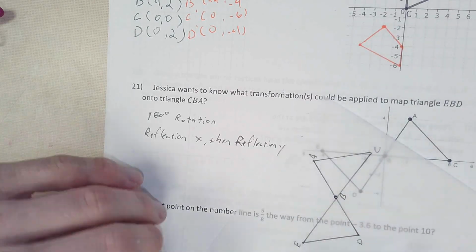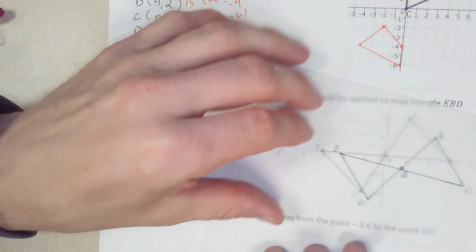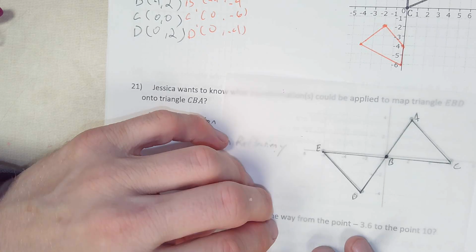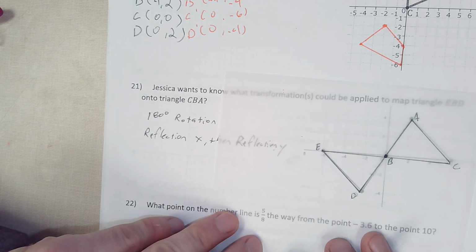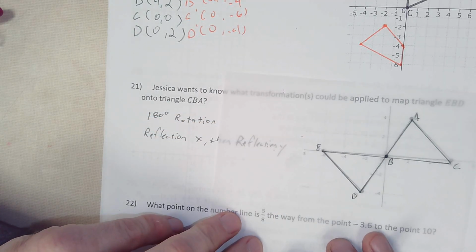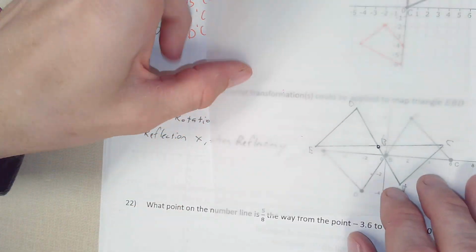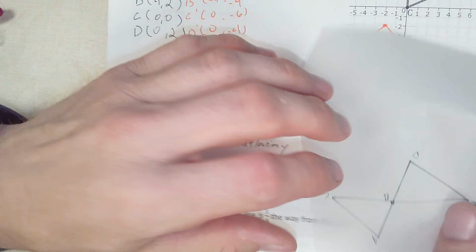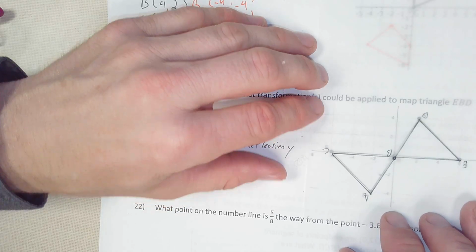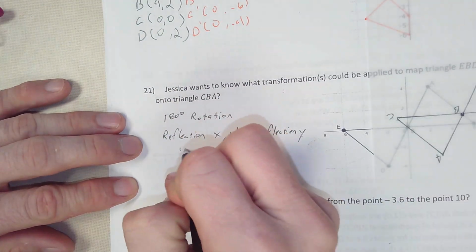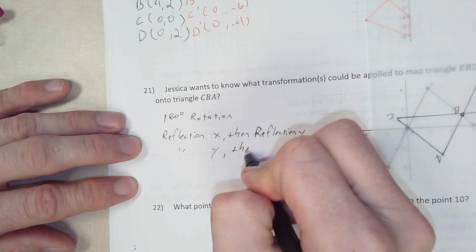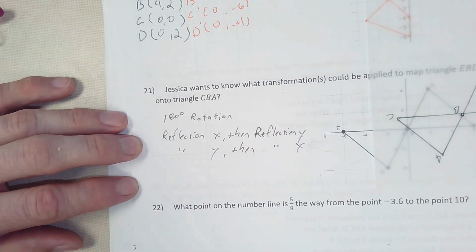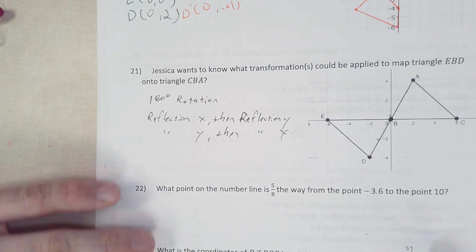Conversely, that was an x then a y, but if we did a y then an x, we would end up in the same spot as well: reflection y, then reflection x. All right, so those three would get you there.